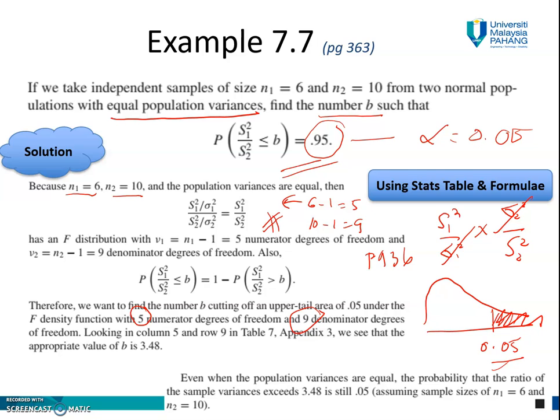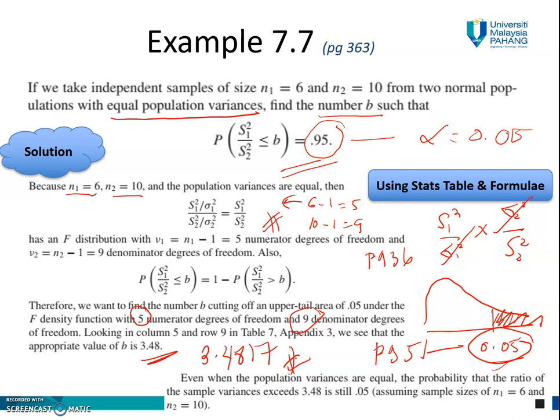It will be at page 51. For 0.05, page 51, look at 5, 9, and it gives you 3.4817. This one is just 2 decimal places, so you can use 4 decimal places as well. So you will have 3.4817. That's how you use it.